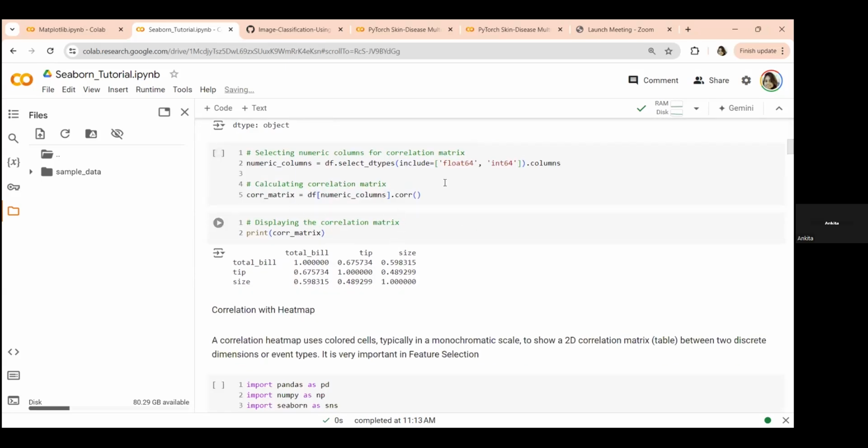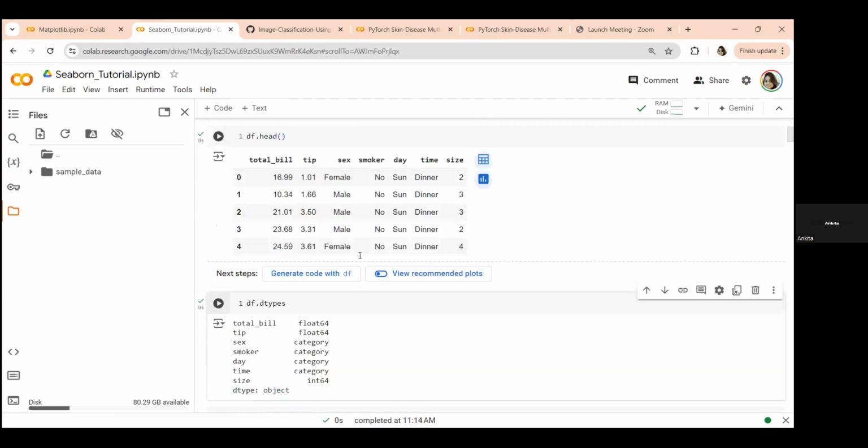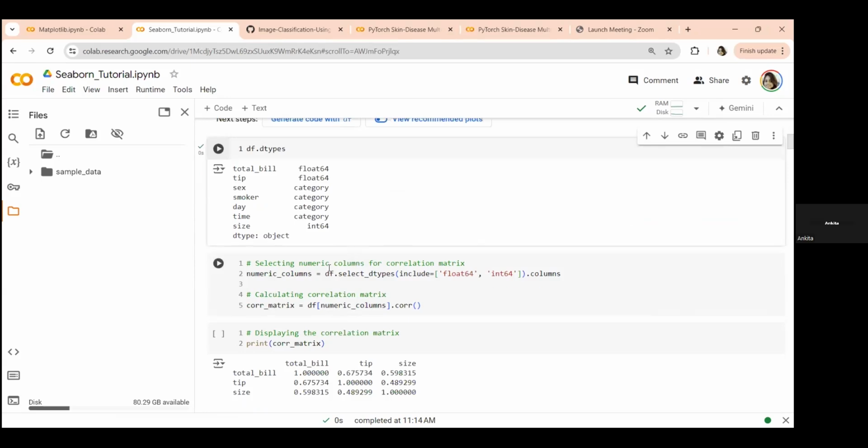You already know what correlation is. Correlation basically means the relationship between the features. Here we are selecting the features total_bill, tip, and size for calculating the correlation between these features.